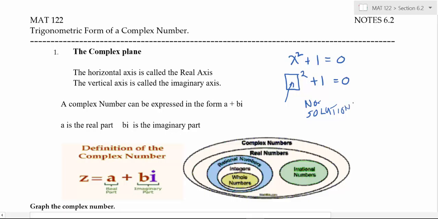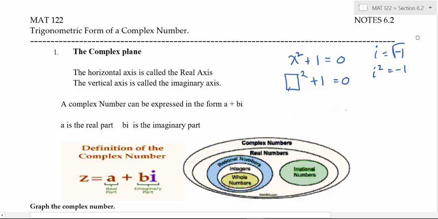So the idea is we imagine that such a solution exists. If we defined i to be the square root of negative 1, which we call the imaginary unit, and then defined i squared to be negative 1, we would generate a solution by opening up this new system of numbers.